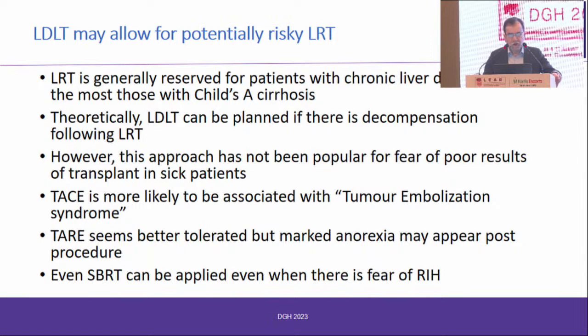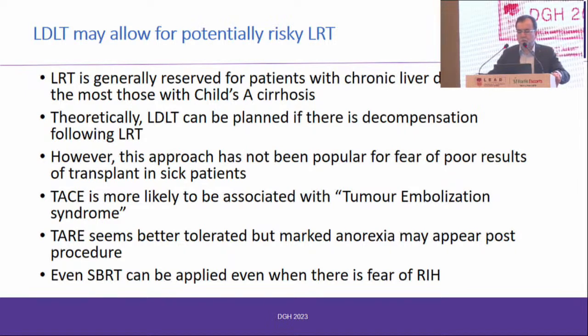There are other advantages with LDLT that may allow for potentially risky local regional therapy. The local regional therapy is generally reserved for patients with chronic disease or those at best with Child's A cirrhosis. Theoretically, living donor liver transplantation can be planned if there is decompensation following local regional therapy.